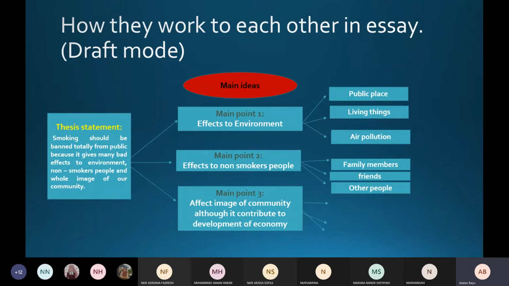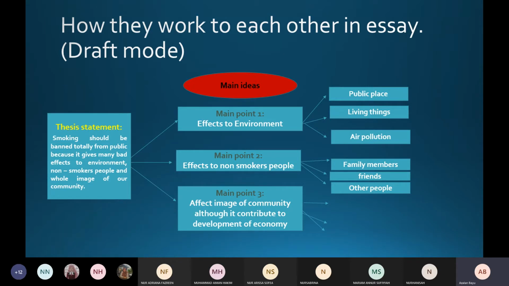So dalam karangan you, dalam paragraph ni you akan terangkan bagaimana it affects family, friend, and other people, right? Who maybe stay close with you. Walaupun dia mungkin bukan smokers, tapi because they stay close with you, they will be affected also, which is including family, friend, and other people.